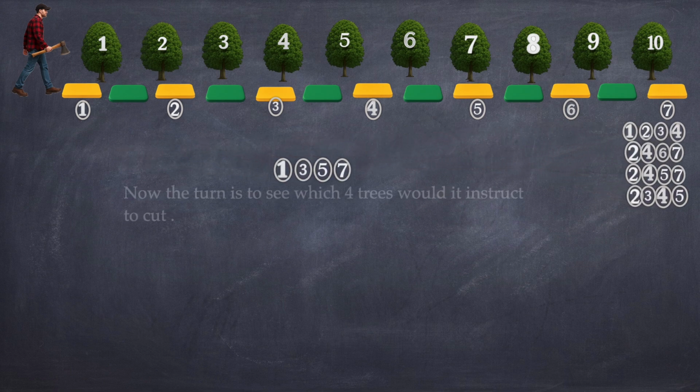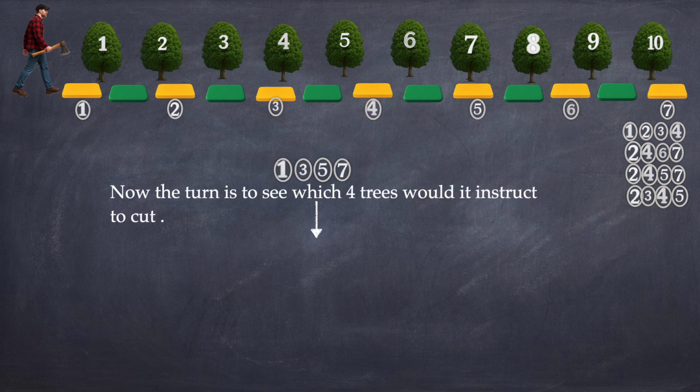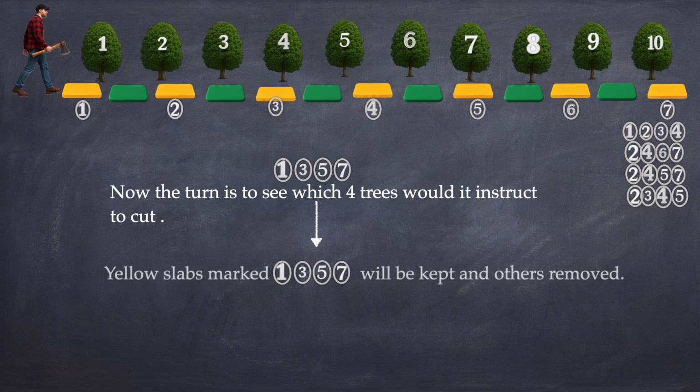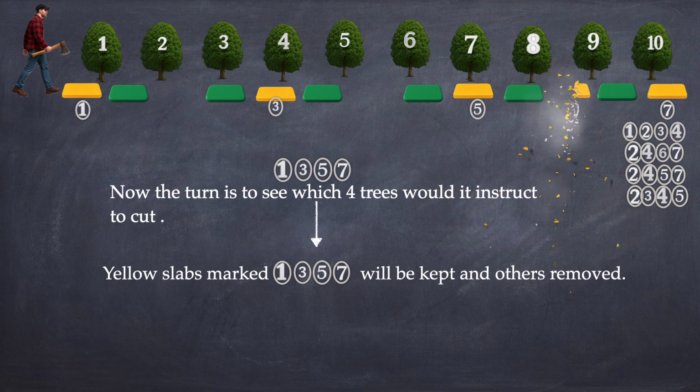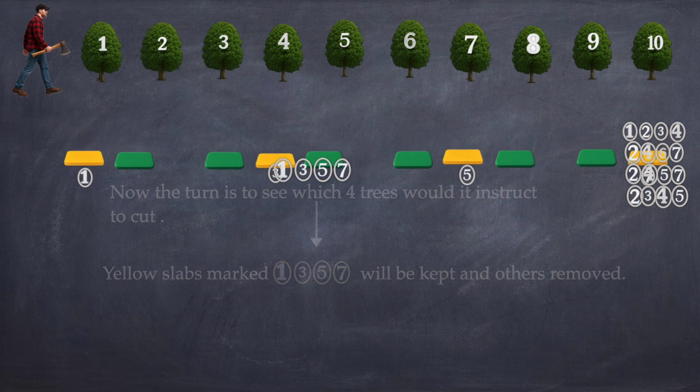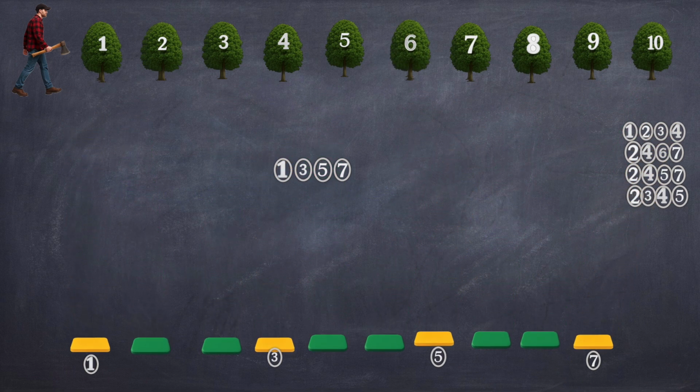Now let's look at the selection 1, 3, 5, 7. We want to find out which 4 trees this selection tells us to cut. Just like before, we will keep the yellow slabs marked 1, 3, 5, and 7 and remove the other yellow slabs. Now we will follow the same steps as before.